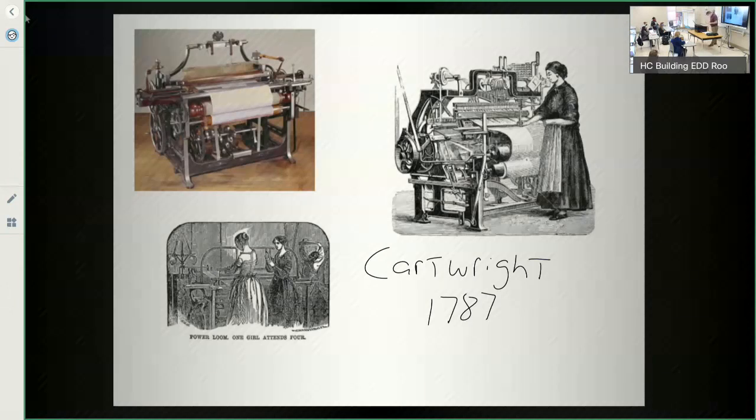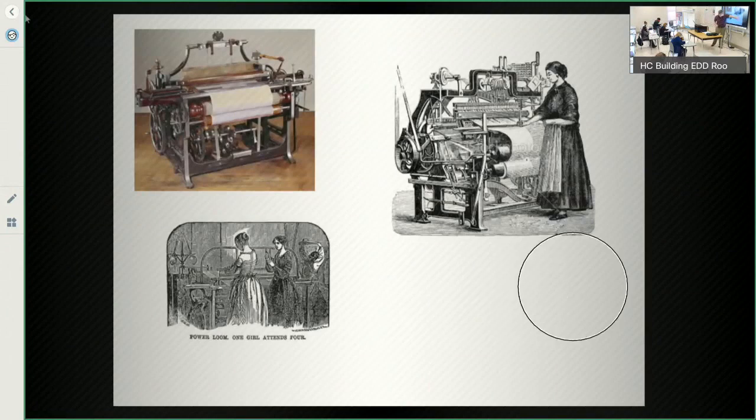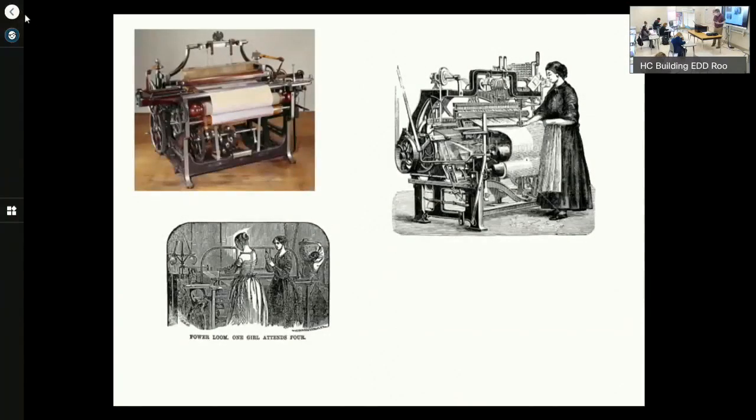By the 1790s, these factories had popped up all across England, and we'll talk about what powers them in a minute. And they were so good and so fast and so efficient that there was a shortage of fiber. There wasn't enough raw material to keep them going, and that became the bottleneck.